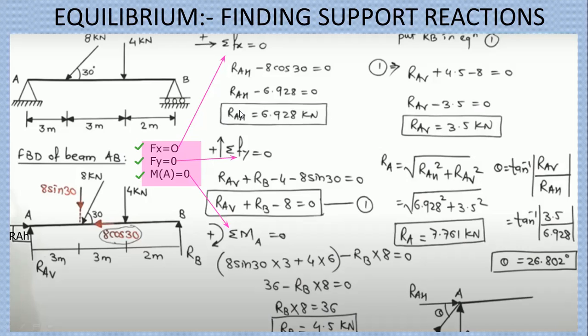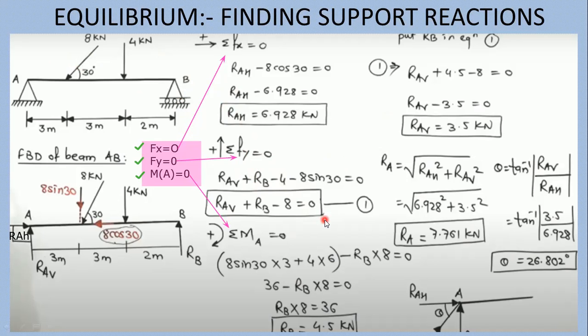It will satisfy the conditions because this body is not moving. We can observe that this body is in a stable condition, so it will not move. You can solve this numerical and get the values of RAX, RAY, RAH, RAV, and the support reaction RB also.